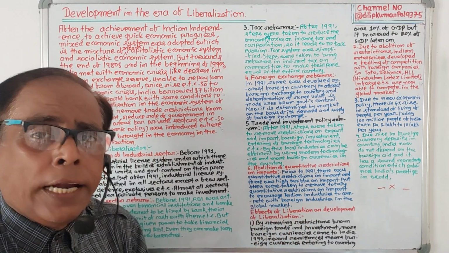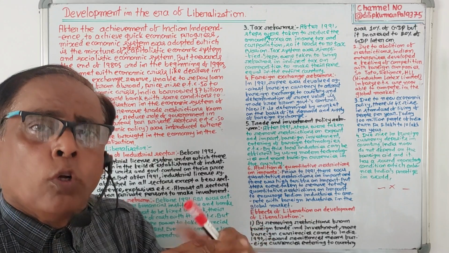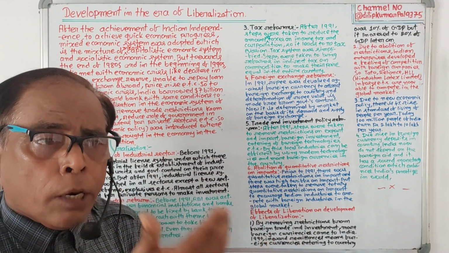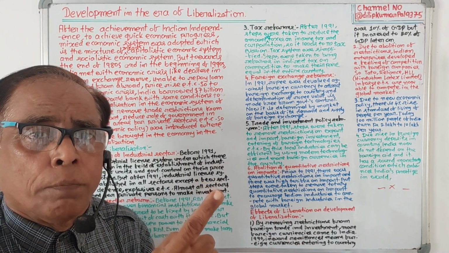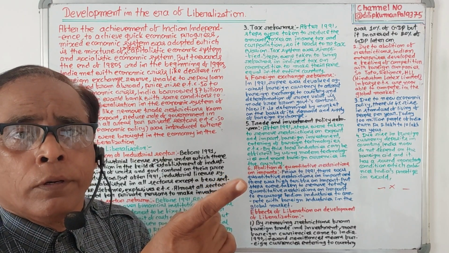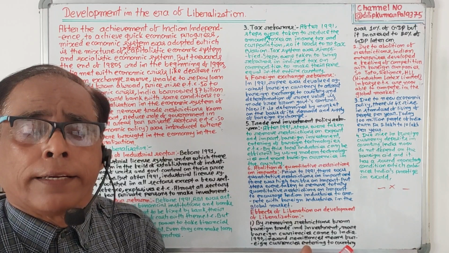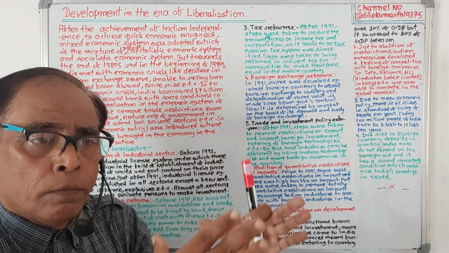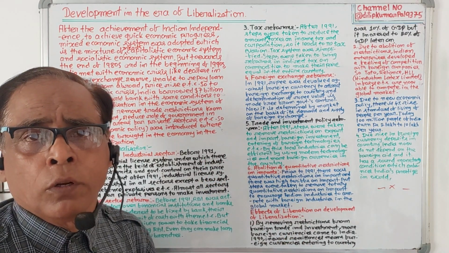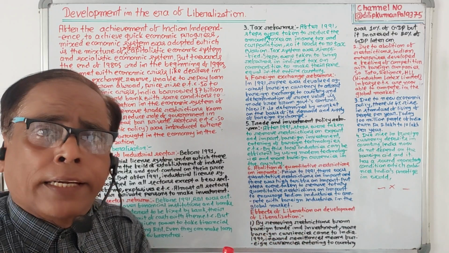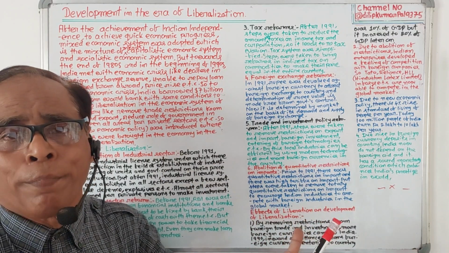And it was decided that the government will have no role in determining the value of the rupee. It will be decided by the market, on the basis of demand and supply.